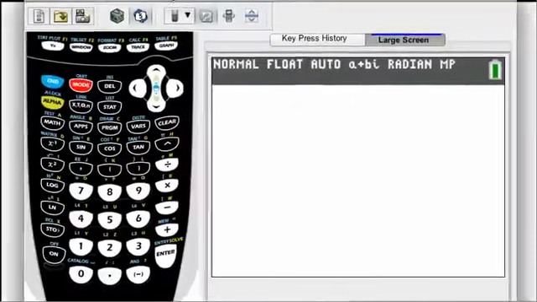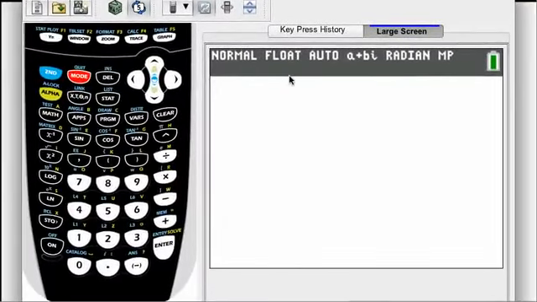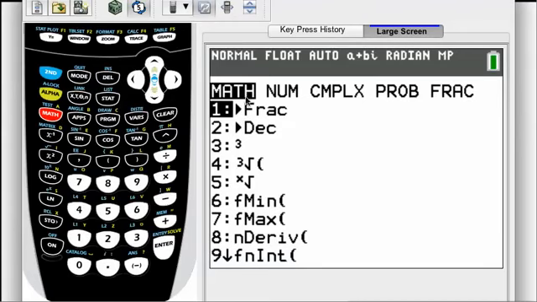Okay, so here is the TI-84 Plus Color Edition. This is the keypad only, and here's what the screen looks like. The stuff on the top, you don't have to worry about that. To access the solver, it's kind of hidden. You'll find it by pressing the Math key, and then you've got your submenus: Math, Num, Complex, and so on.